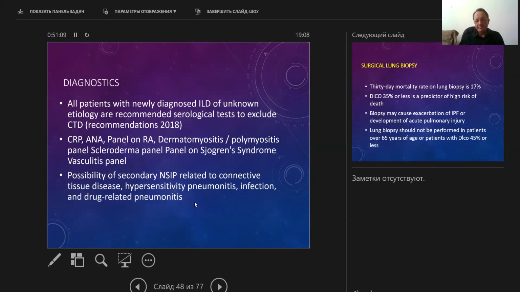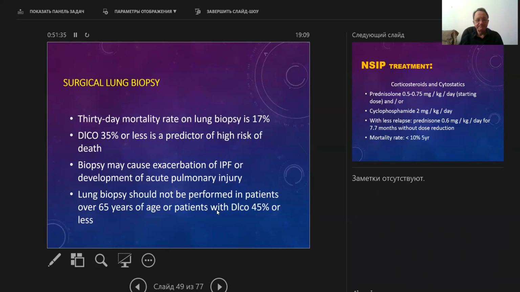You should ask the patient about occupational or home dust exposure, infection, and consumption of some drugs, because some drugs can also lead to changes in the lung parenchyma that look like non-specific interstitial pneumonia.